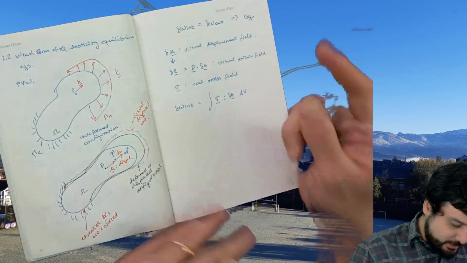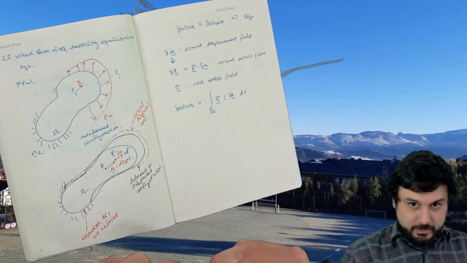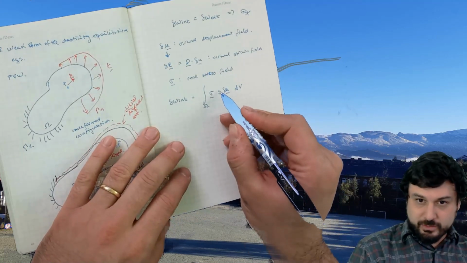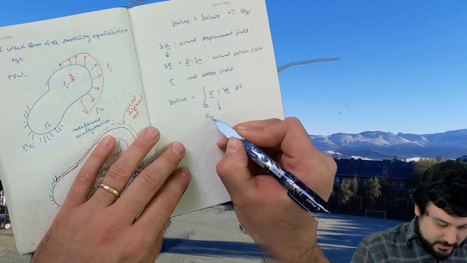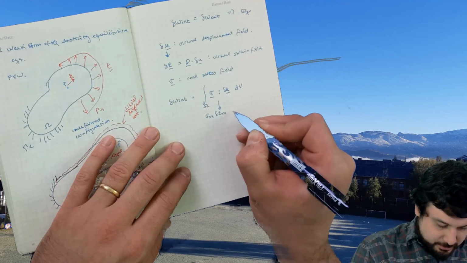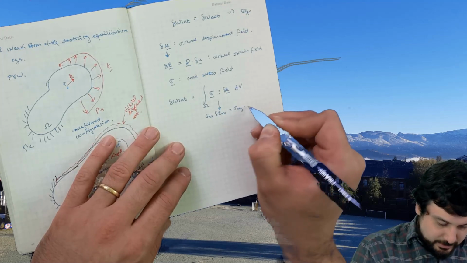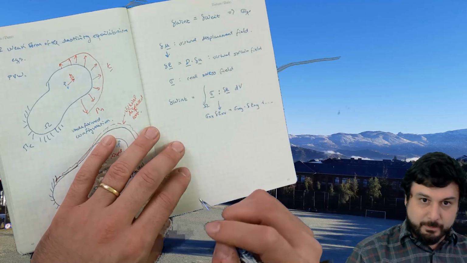I should use omega because that's what I'm naming this domain. Omega. Okay, so that's a statement. This is tensor notation, so this is basically going to resolve into sigma xx delta epsilon xx plus sigma xy times delta epsilon xy, and so on, for all the components of the tensor.